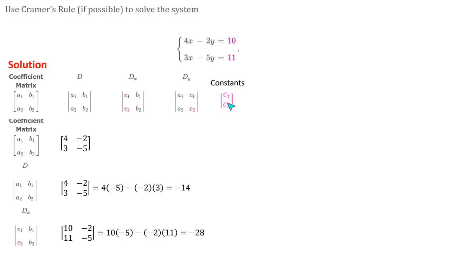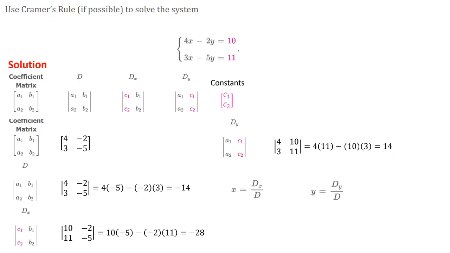Our constants in this example are 10 and 11. So I'm going to replace the a's with 10 and 11, and the b's stay the same. So 10 times -5 minus -2 times 11 gives me -28. And then for dy, I'm going to replace the b's with the constants. Then we multiply 4 times 11 minus 10 times 3, which gives us 14.